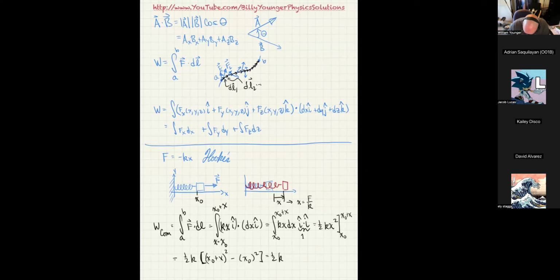So 1 half k. Now I've got to square the binomial here, so I have x0 squared plus 2x x0 plus x squared minus x0 squared. And you can see already that the x0 squared and the x0 squared are going to cancel out.